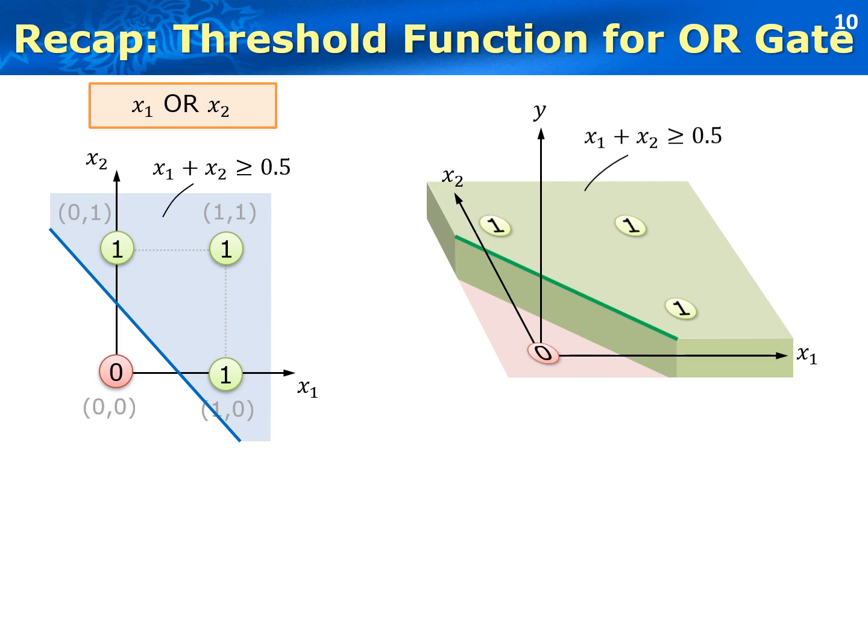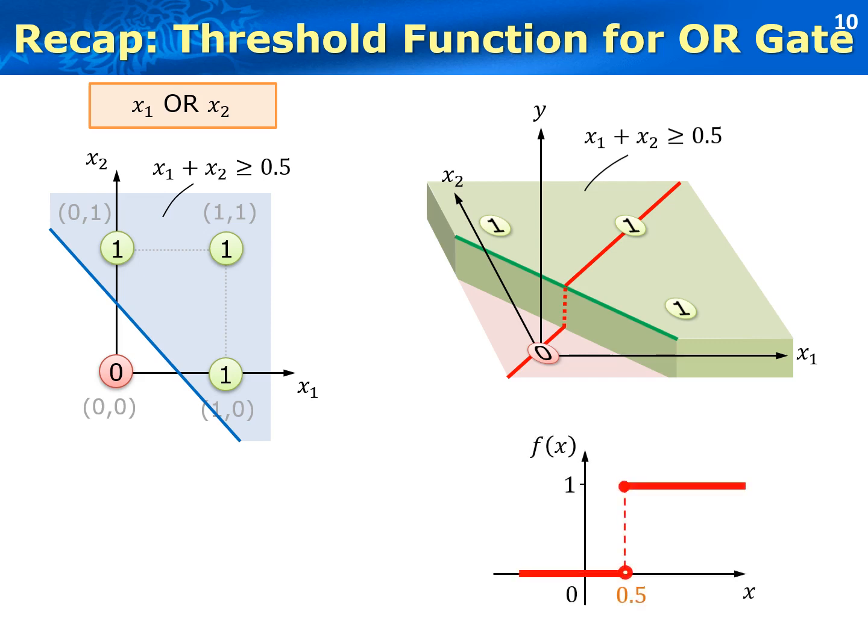When the shape of the hyperplane in 3 dimensions is projected onto 2 dimensions, it looks like a step ladder, which is a Heaviside function jumping at the point 0.5. Note that the green upper plane in 3 dimensions is the result of elevating the blue region in 2 dimensions.